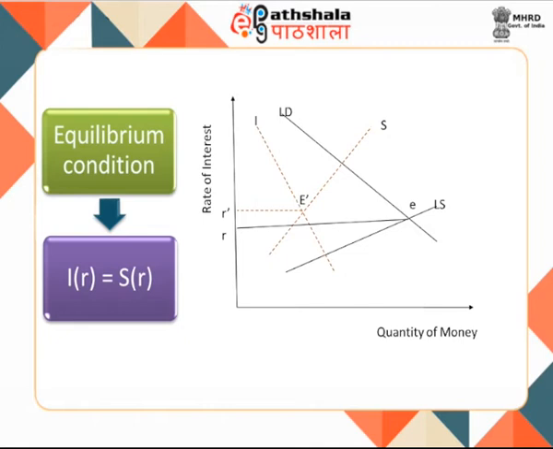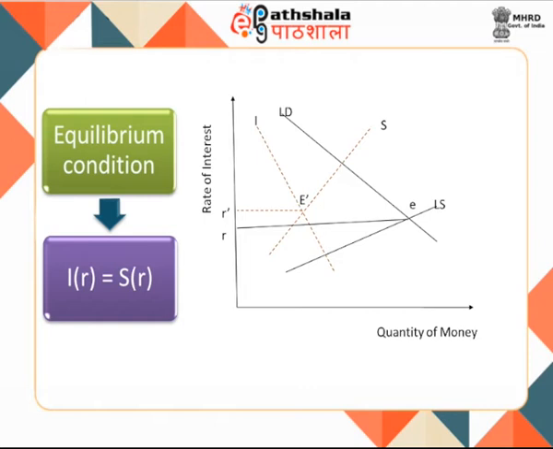This distance increases as rate of interest falls because delta MD is hypothesized to be a declining function of rate of interest. The horizontal distance between the LS and S lines represents the sum of DH and delta M. This distance is shown to increase with an increase in rate of interest because delta M is taken as exogenously given and DH is hypothesized as an increasing function of rate of interest.